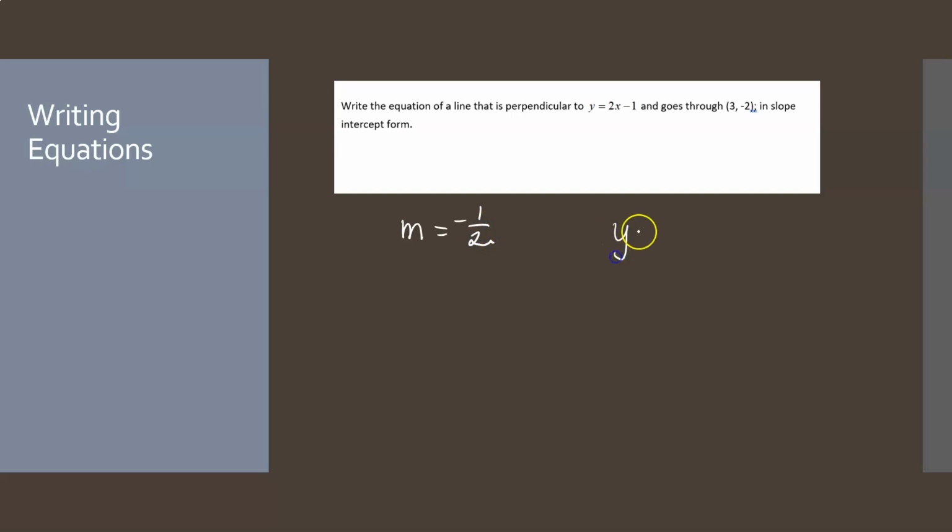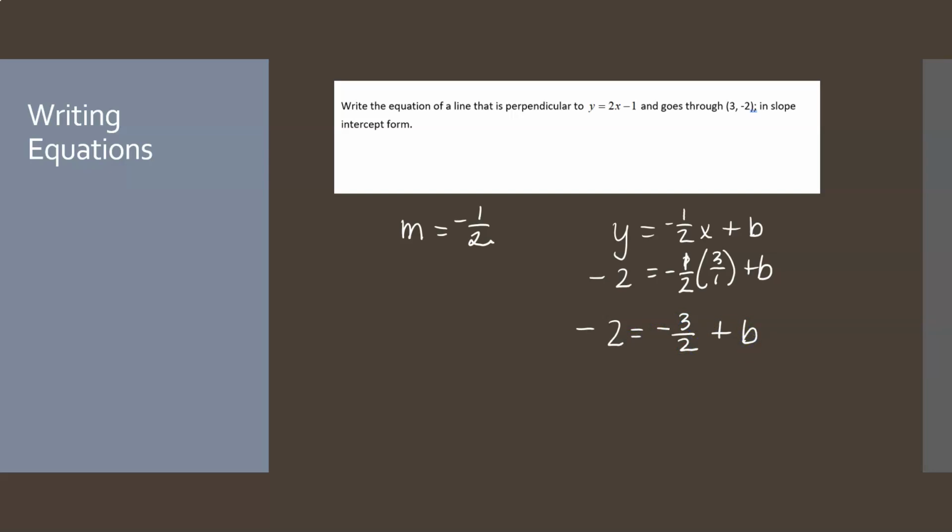Now I'm going to plug in the point to get my b. So -2 equals -1/2 times 3 over 1 plus b. So I have -2 equals -3/2 plus b.